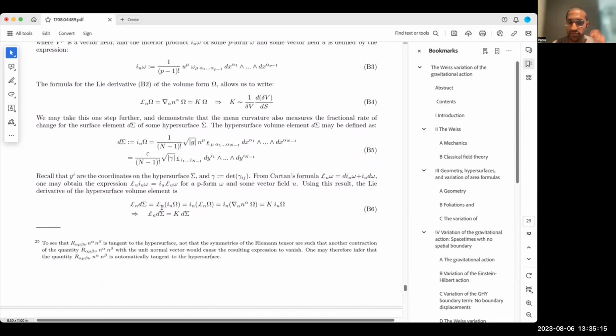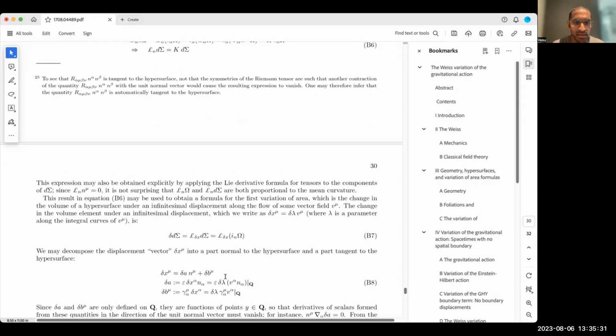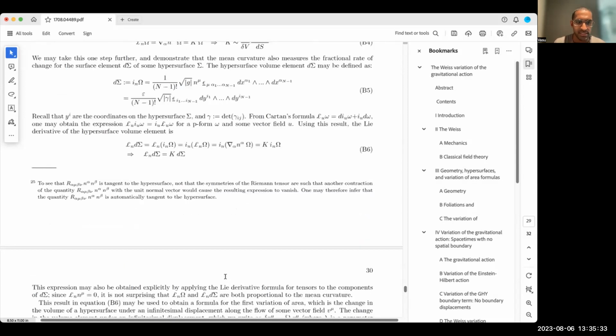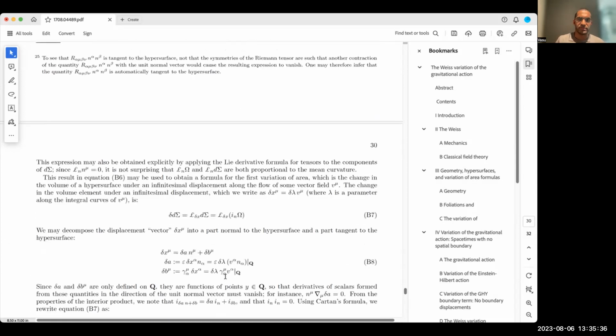Okay, so just expand, use the various identities you already know, and see that actually the Lie derivative of this surface element is the trace of the extrinsic curvature times that surface element. And that will basically lead to the following very interesting results.